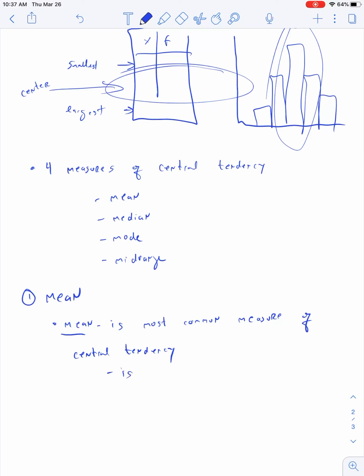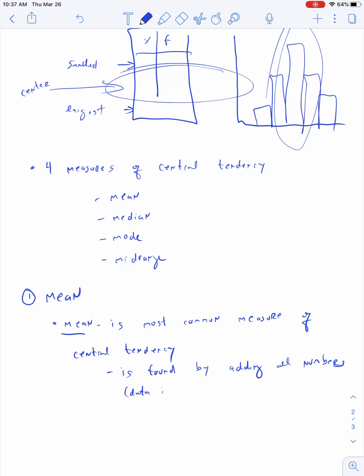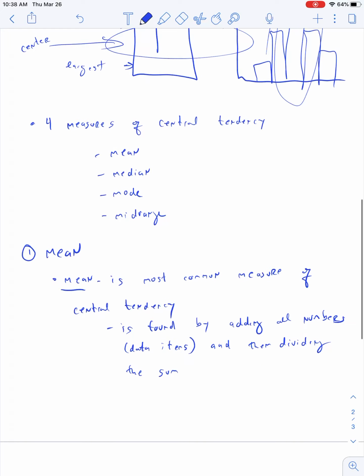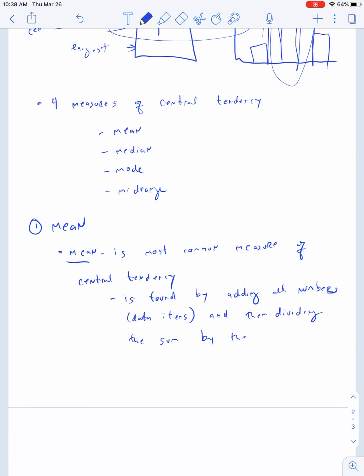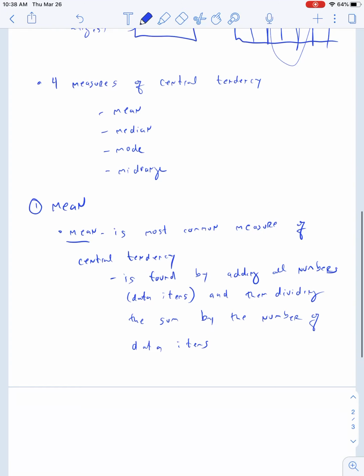It's found by adding all the numbers, or your data items, and then dividing that sum by the number of data items.